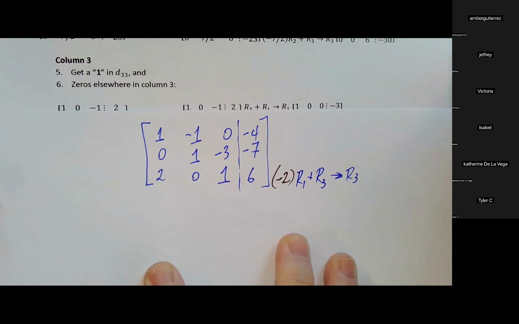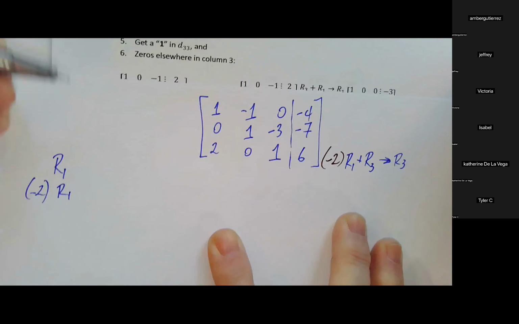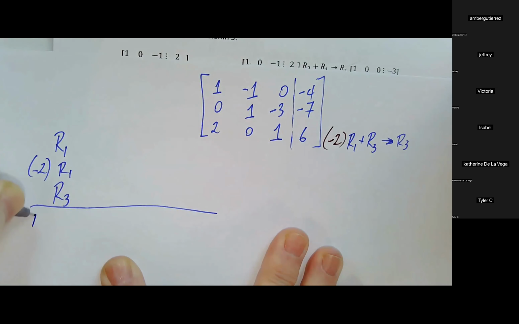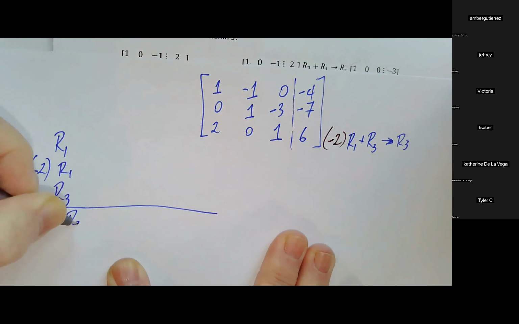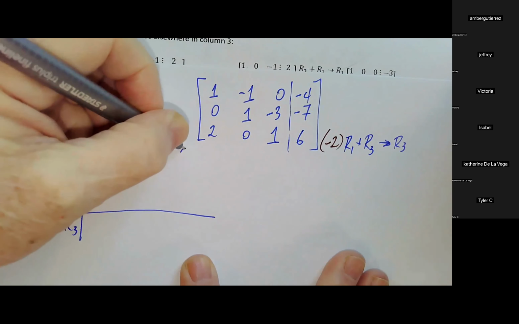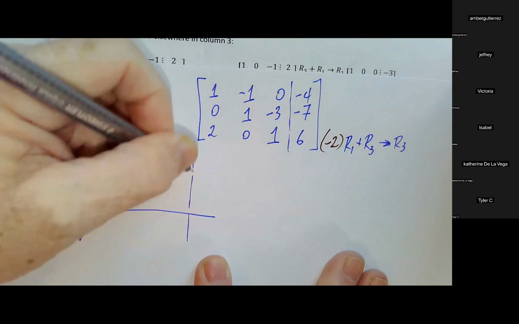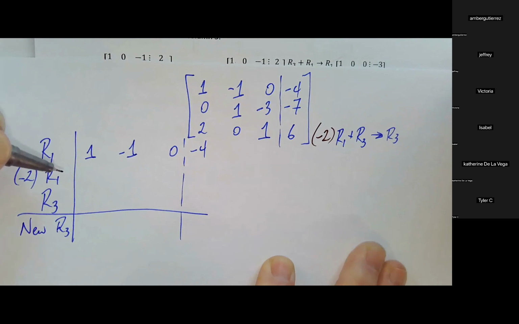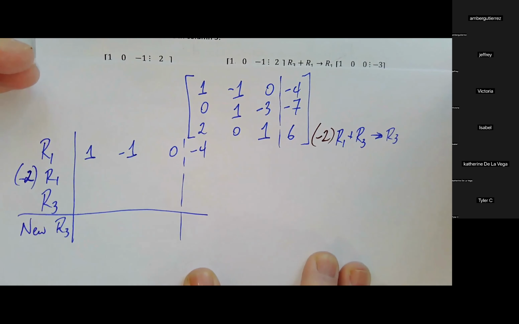So we've got -2 times row 1, row 3, and then -1, -1, 0, -4. So what is -2 times row 1?